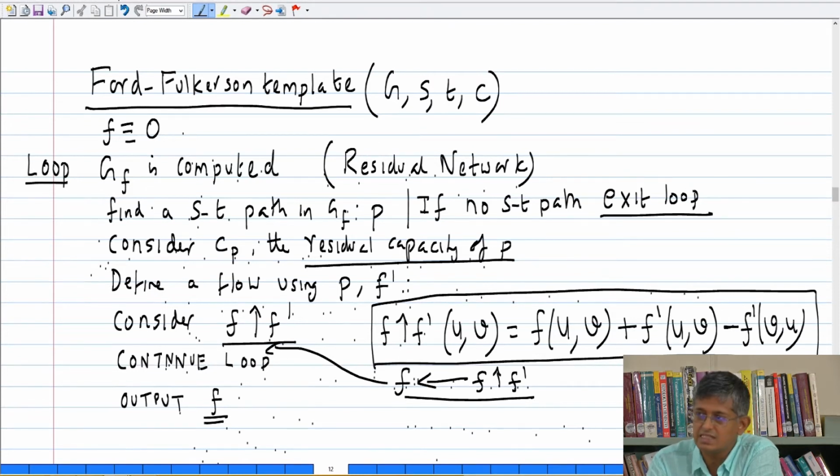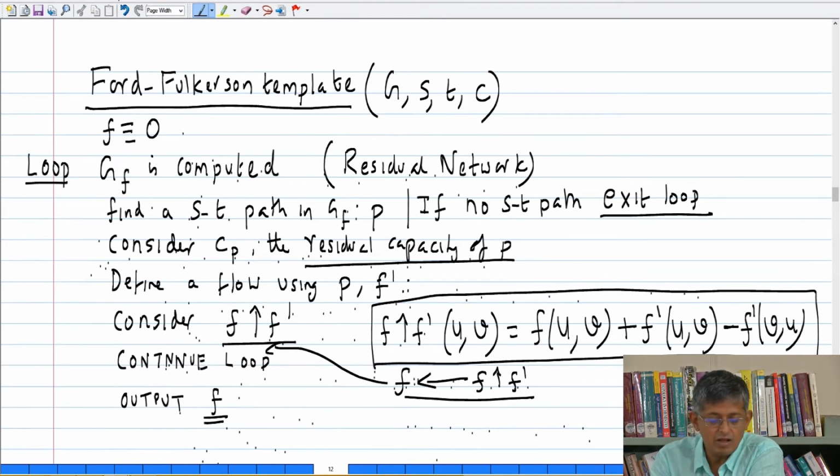This residual network will encode how much capacity is left on each of the arcs and some very important additional information. Then it will try to find an ST path. If there is no path, it will exit the loop and print out the flow that you have calculated so far. If it finds a path from S to T, it will calculate a flow f prime, using the capacity on that particular path.